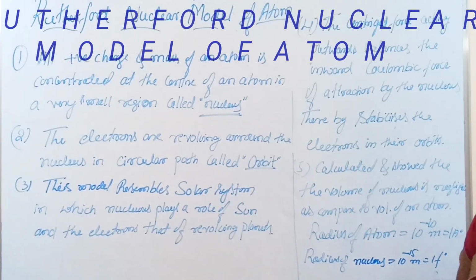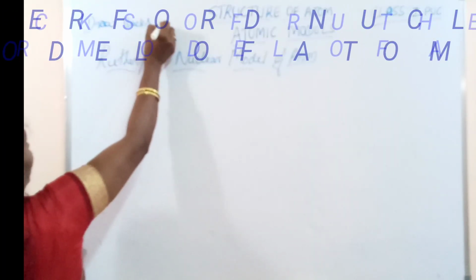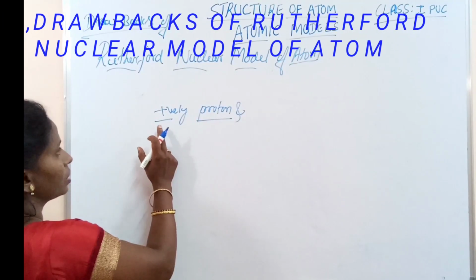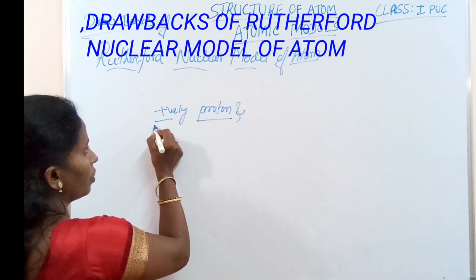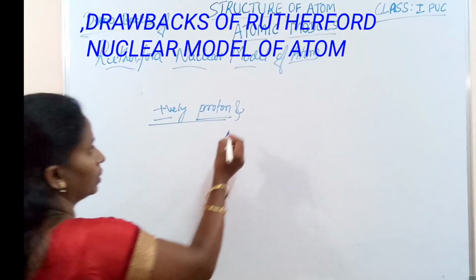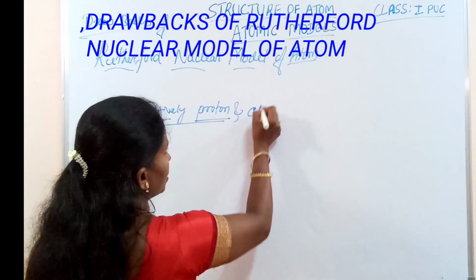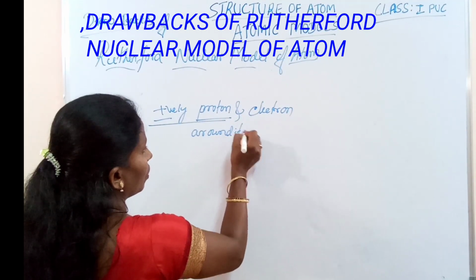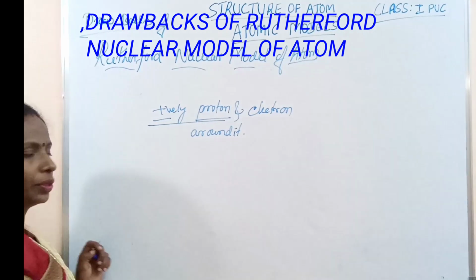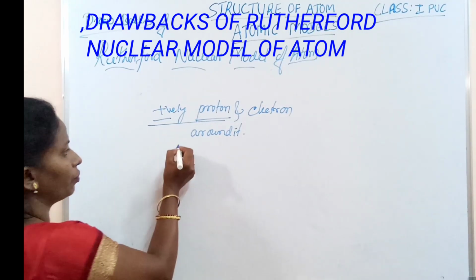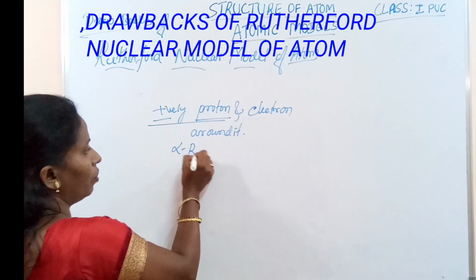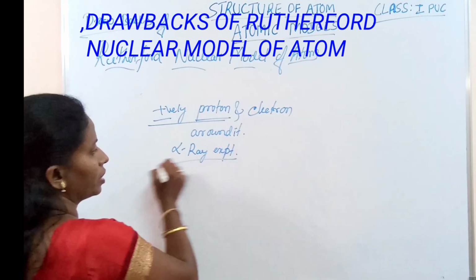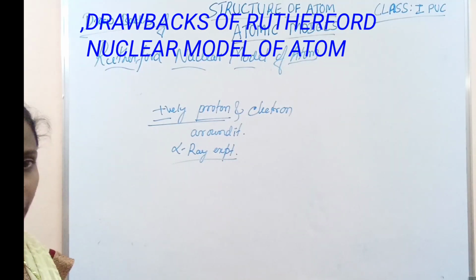Next, the drawbacks of the Rutherford nuclear model of atom. Rutherford successfully explained the presence of positively charged protons and the presence of electrons around them, so that he was able to explain the results of the alpha ray experiment.